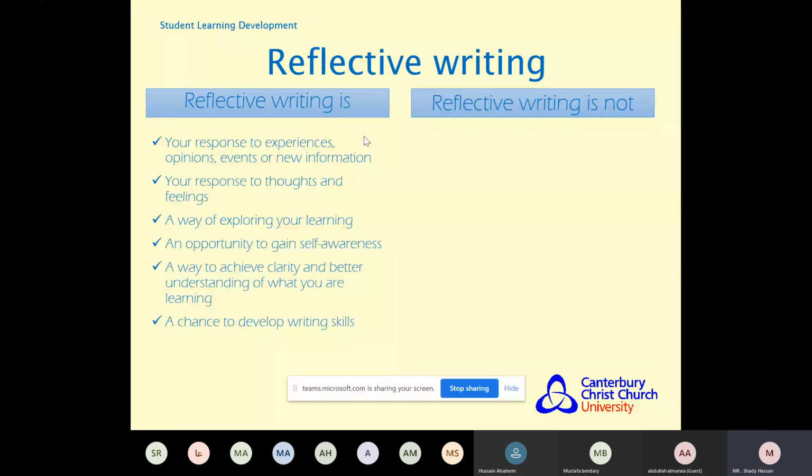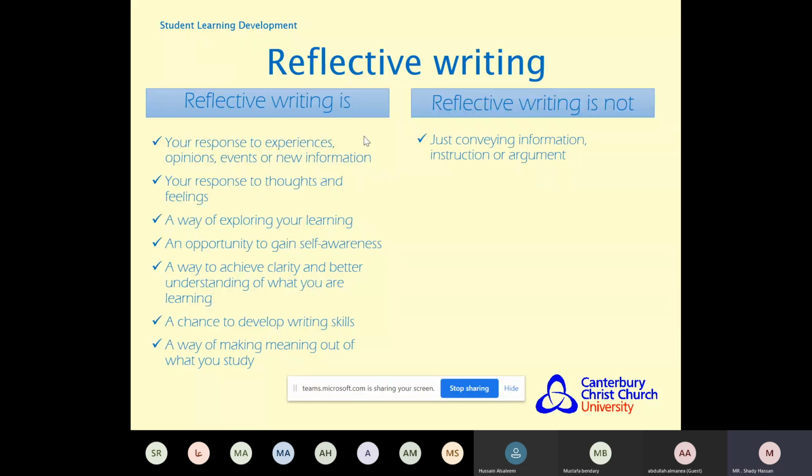Yes, it gives you the chance to develop your writing skills, and it gives you some kind of way of making meaning out of what you study. In reflective writing, you write down your heart. So you use your experience, use your feelings, okay?